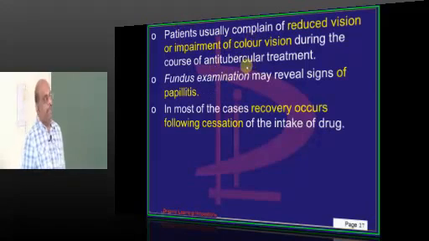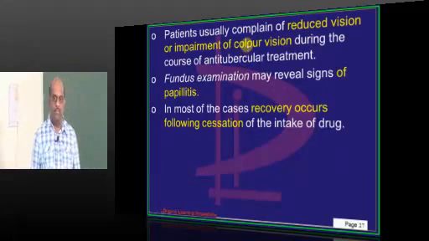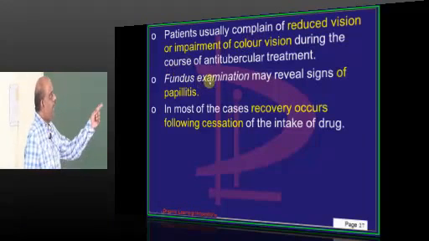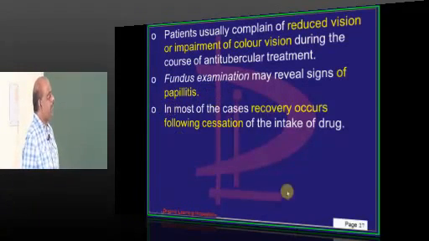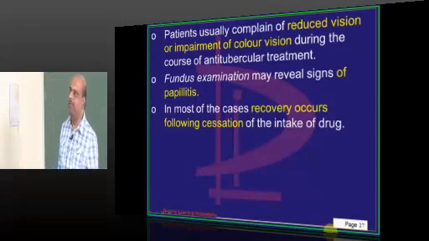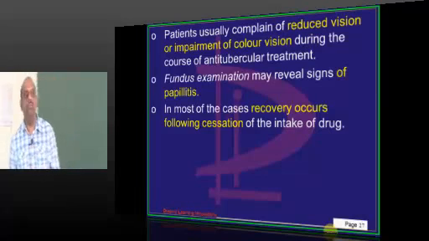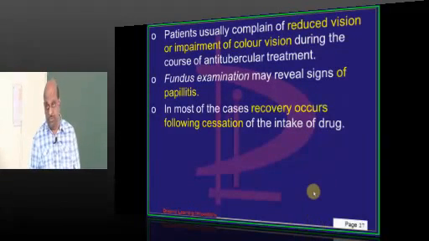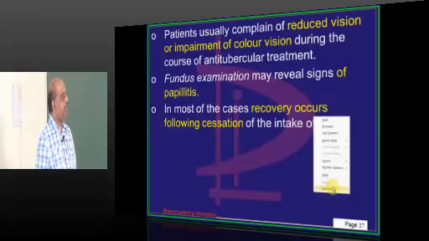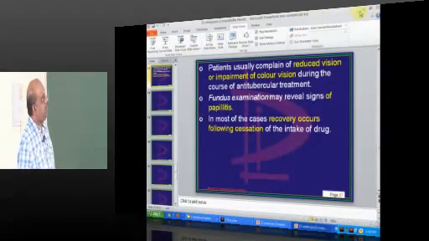And they will also have impairment of color vision because of the central scotoma. And if you look at the fundus, there may be signs of papillitis, but most of the time the recovery will be there if you stop ethambutol with an early recognition of the toxicity, which is at least good news about ethambutol. So this is all the story of amblyopias, doctor.